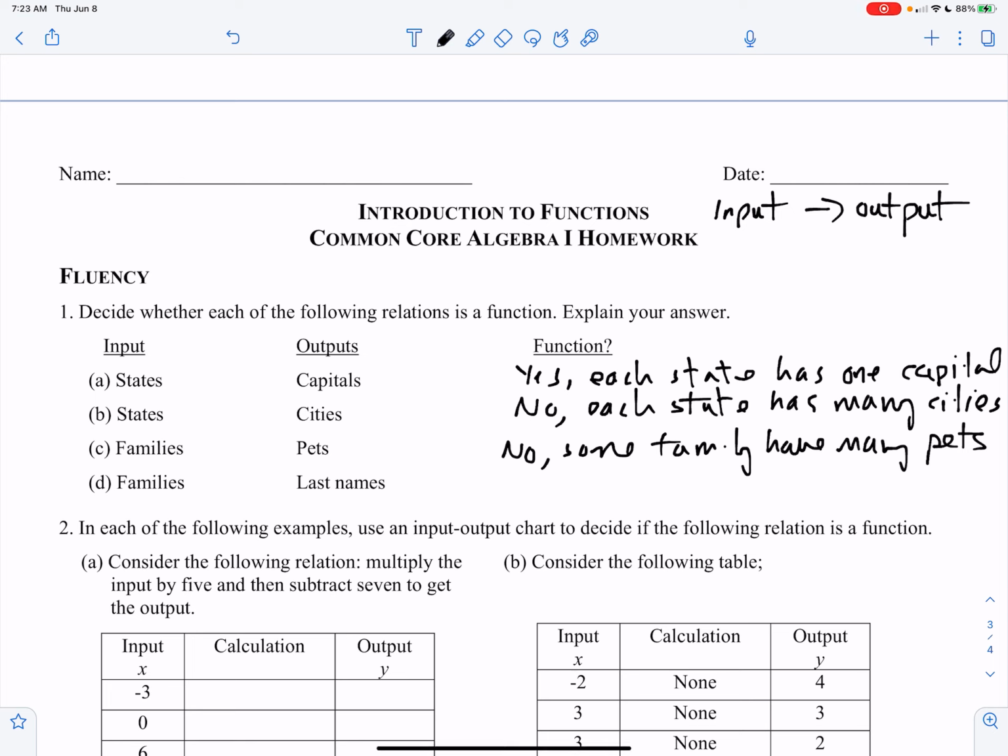Well, for the most part, yes. I know we do have some hyphenated last names, but for the most part, yes, each family does have one last name.